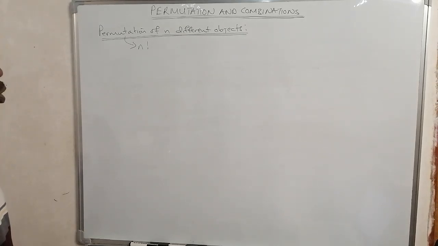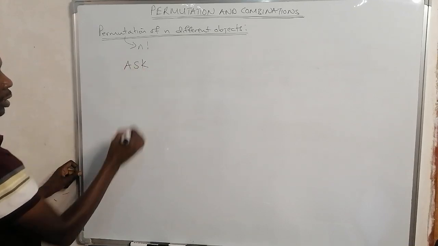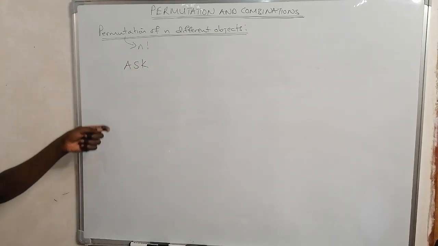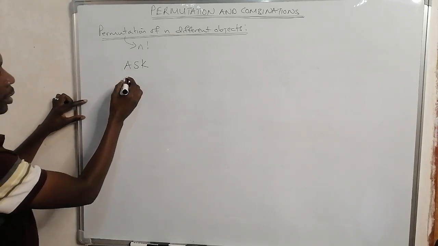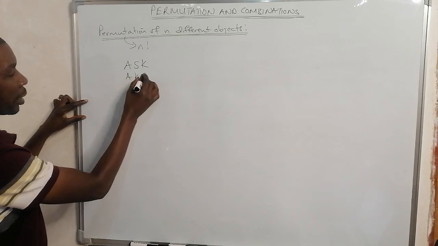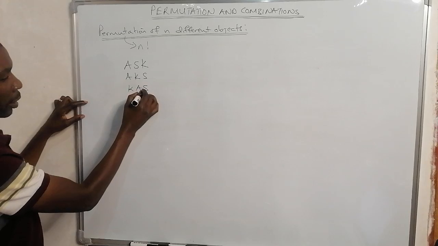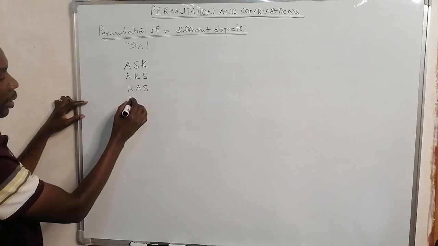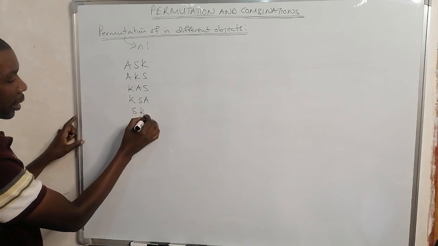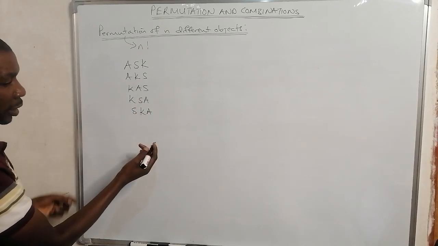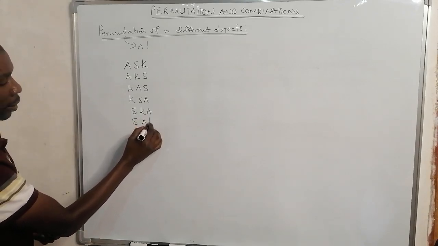Let's take, for example, we want to arrange ASK. We want to see how we can write ASK. This one can be written in this form: A, K, S. Then it can be written as KAS, KSA, SKA, and also SAK.